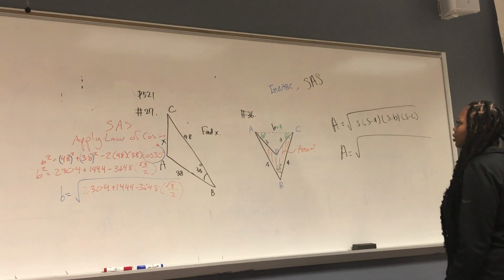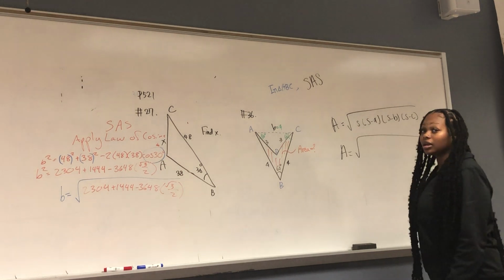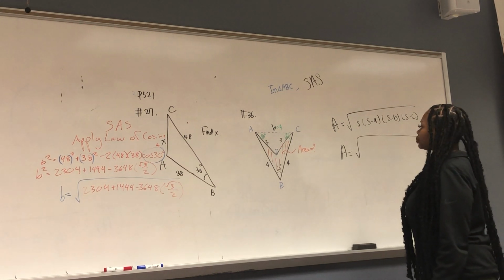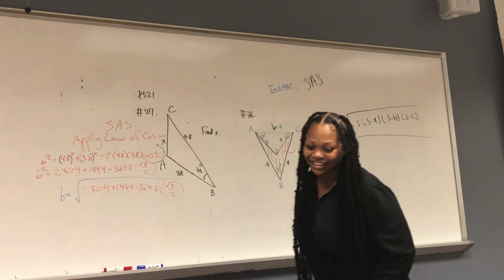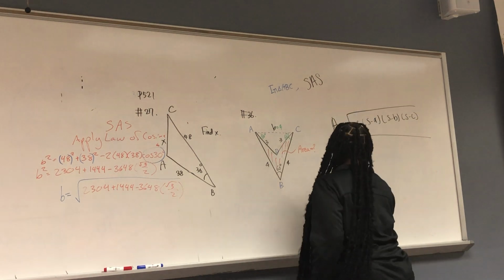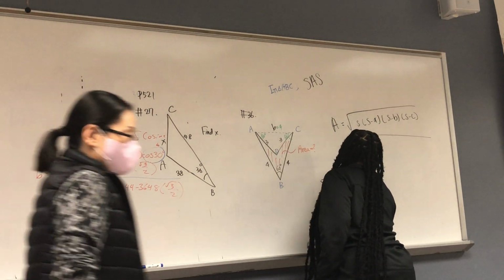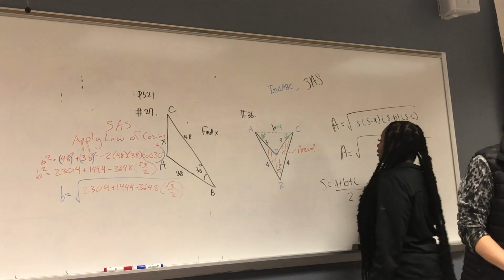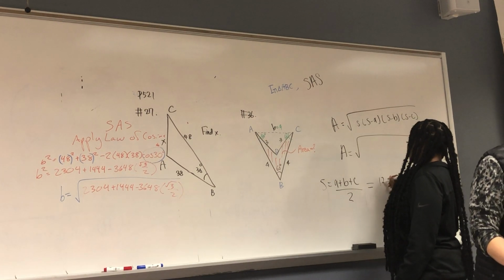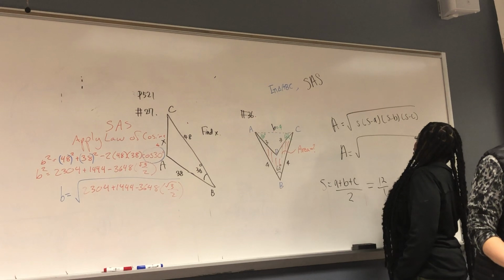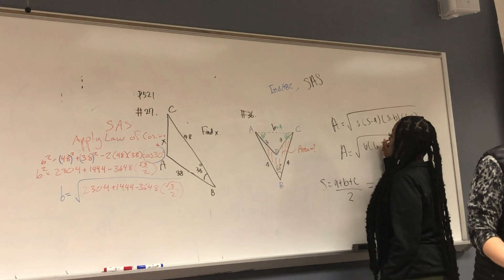Semi-perimeter? You gotta calculate S. There's another formula for S. Oh, duh. I got you. Thank you. There we go. (A plus B plus C) over 2. Then you got 4 times 3, 12 over 2. That's 6. So 6 times (6 minus 4).